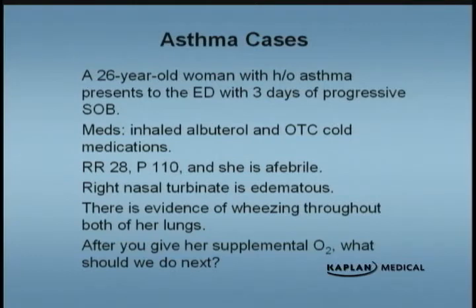If it's indeed less than twice per week, then you keep her on the inhaled albuterol. If she says, no, lately, I've been having asthma exacerbations every couple of days, then this patient doesn't have mild asthma, now she has moderate asthma, and you need to add a steroid metered-dose inhaler to her regimen of inhaled albuterol.